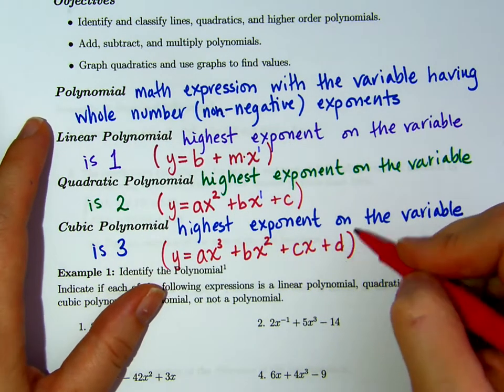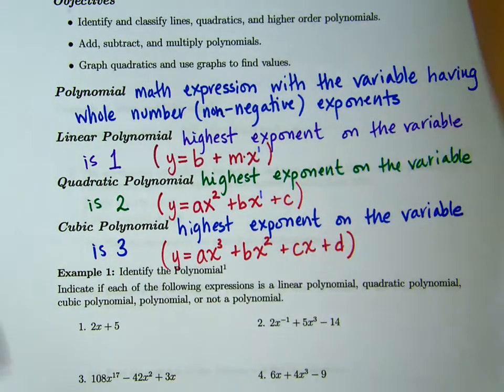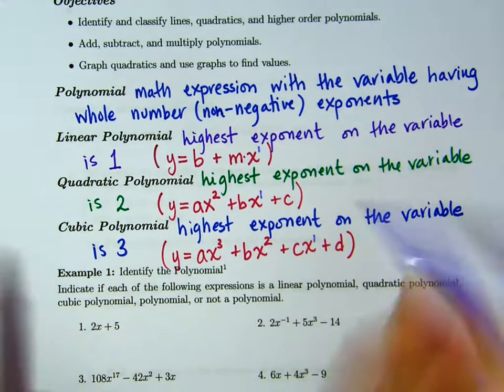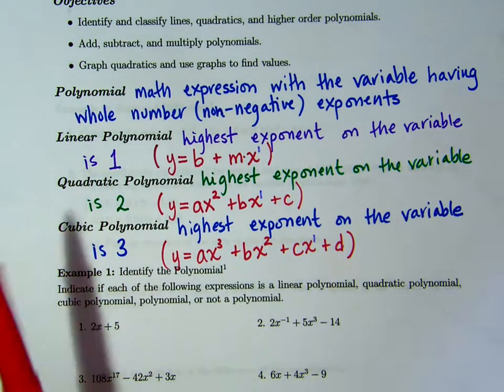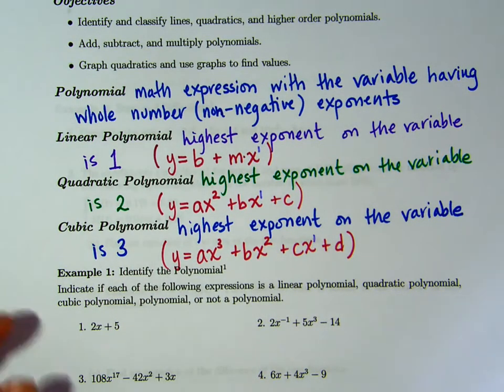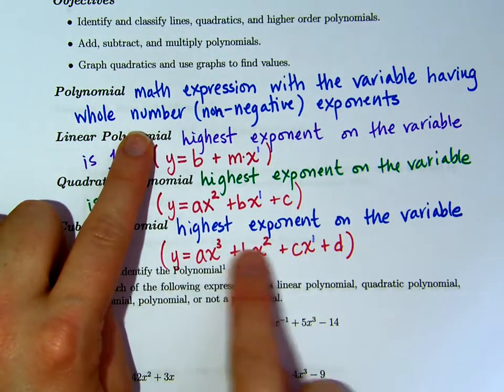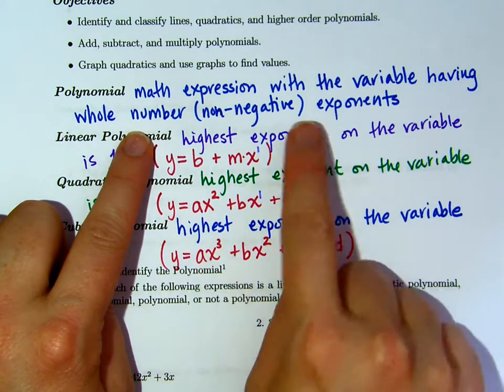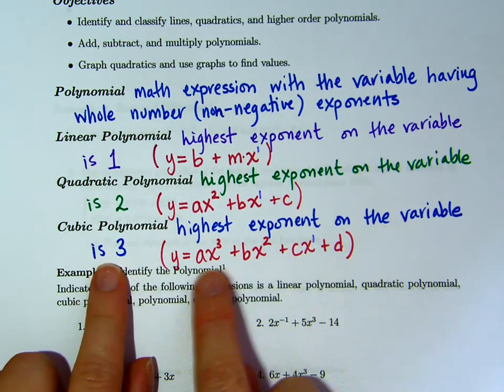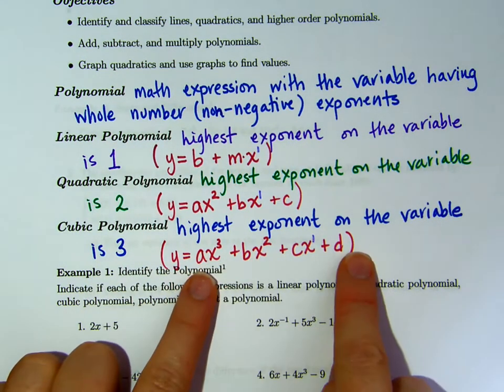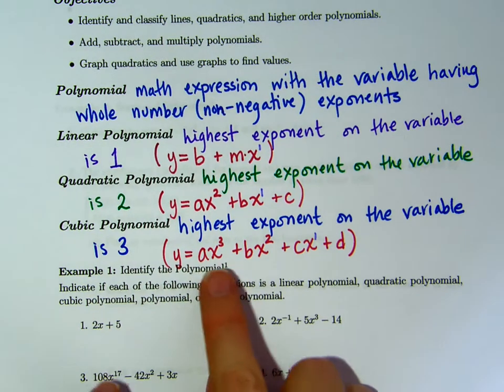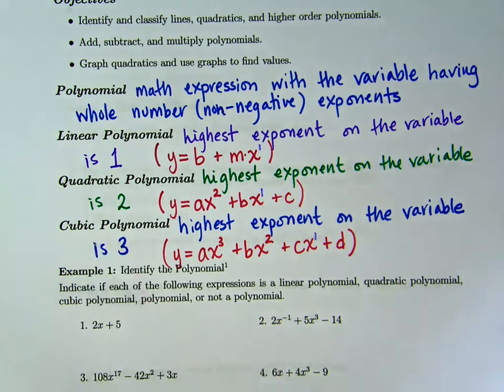Where this is implied to be x to the 0, here's x to the first, silent 1 here. And so now what you see is a math expression with the variable having whole number non-negative exponents, and the highest exponent on the variable is 3. Cubic. And this, right, would give us a cube.